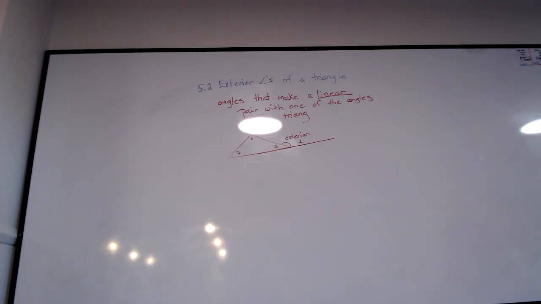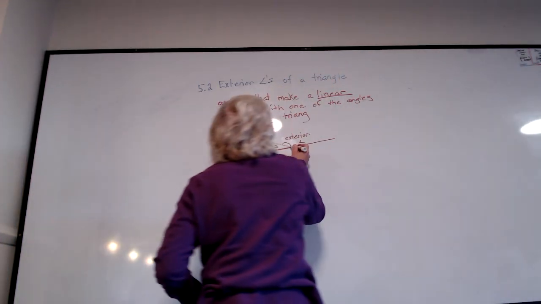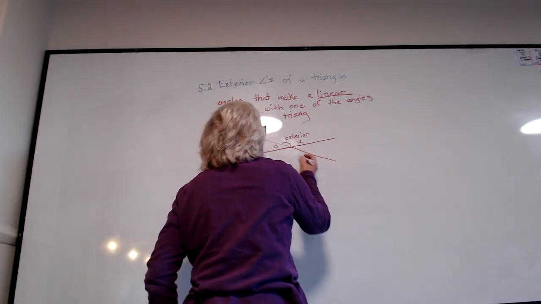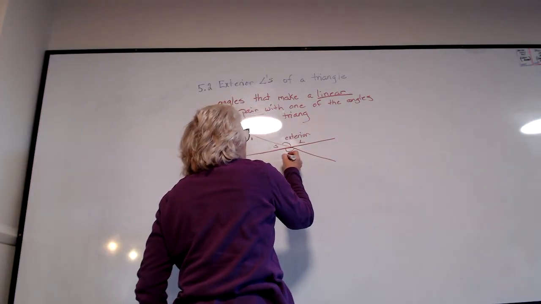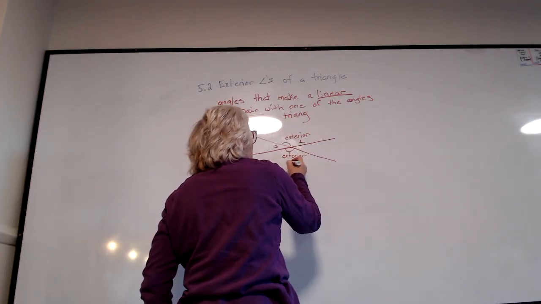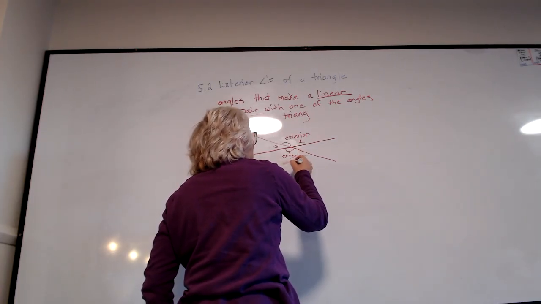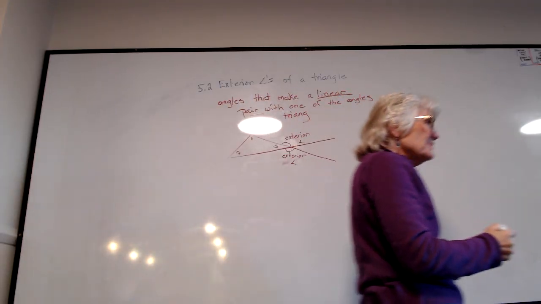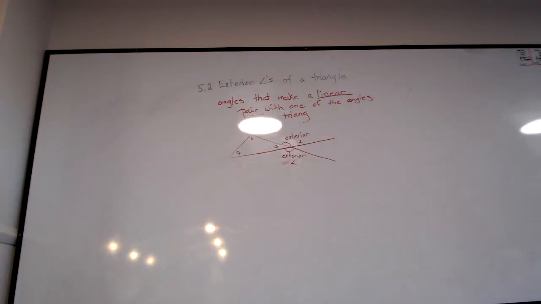There are 2 exterior angles at every angle, okay? So we could find this one, which is an exterior angle here. Do you notice anything about the 2 exterior angles there? Just look at it for a moment.